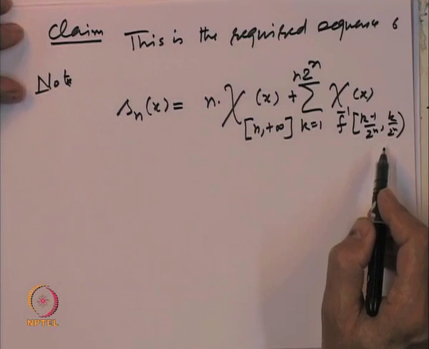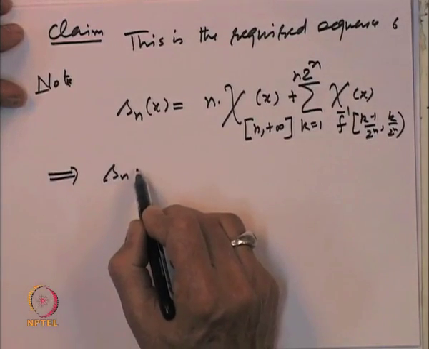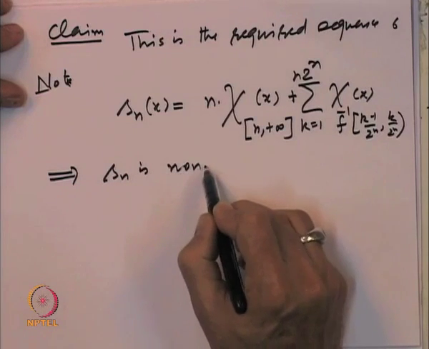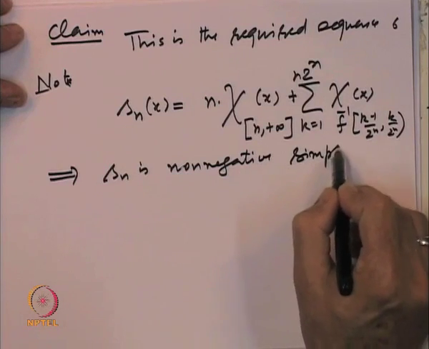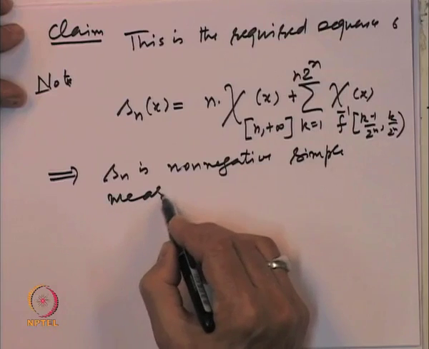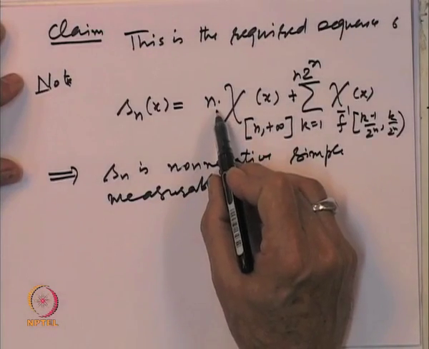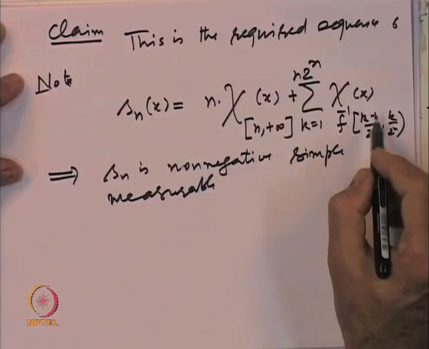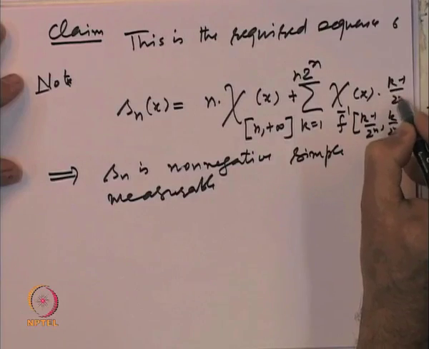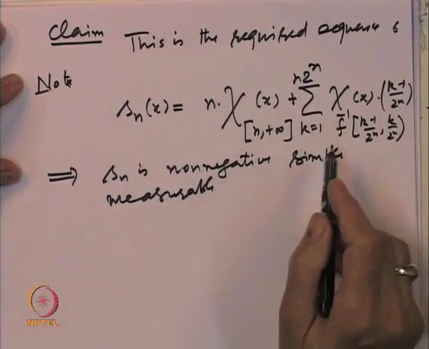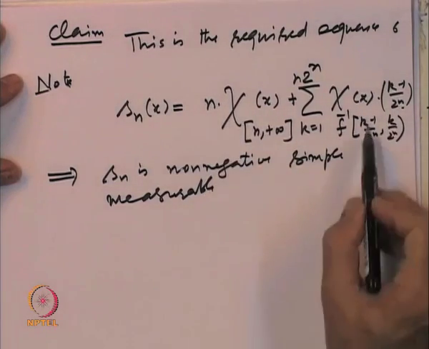Okay. So, it is clear from this that S n is non-negative, simple, measurable. Why is it non-negative? Because the values taken are either n or k minus 1 by 2 to the power n, that value we forgot to multiply. So, either it takes the value k minus 1 by 2 to the power n or n, all are non-negative numbers.